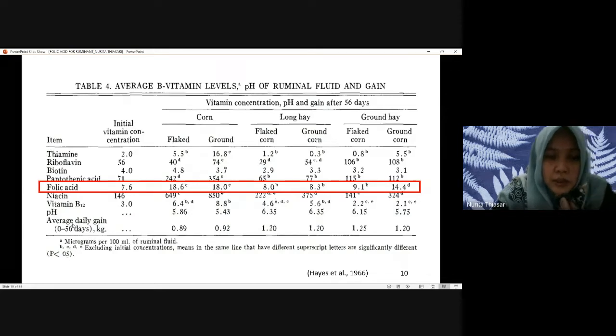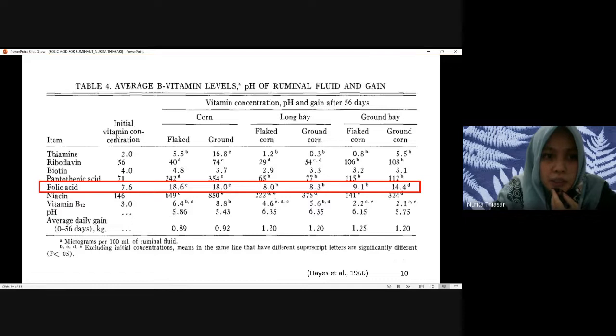And next, for this table, I would like to show the effect of different feeds. Here they provide the concentrate and the forage. The concentrate is in the form of corn, and for the forage they are using hay. So I would like to focus on the folic acid.